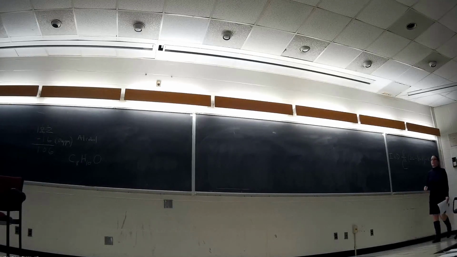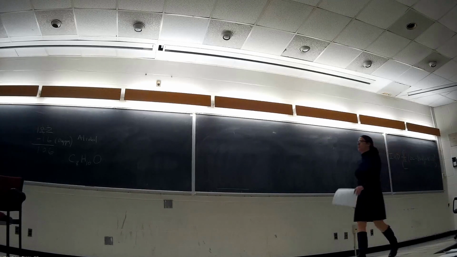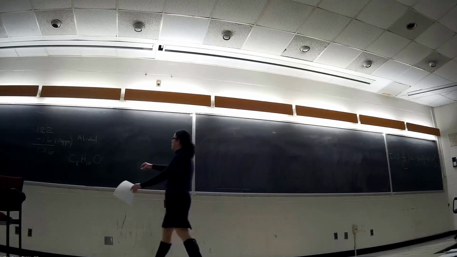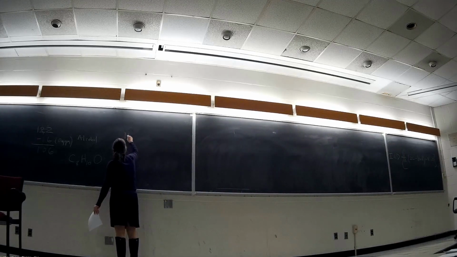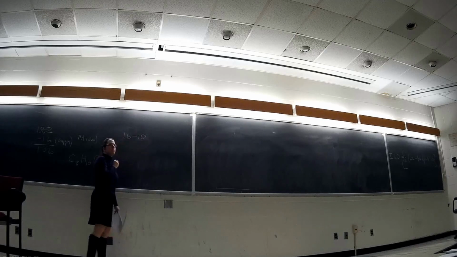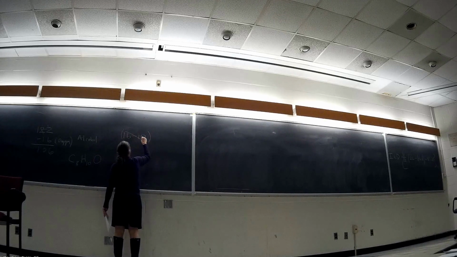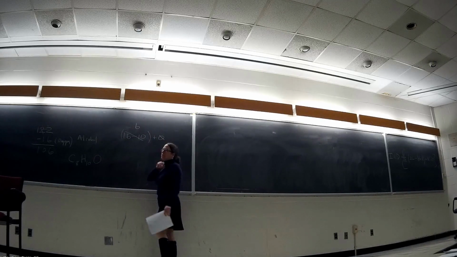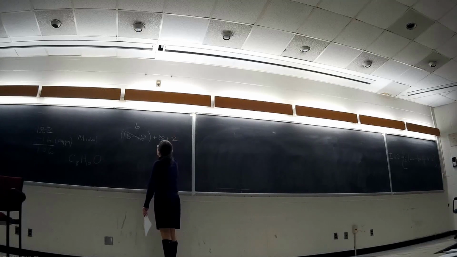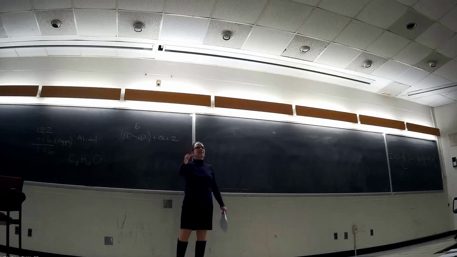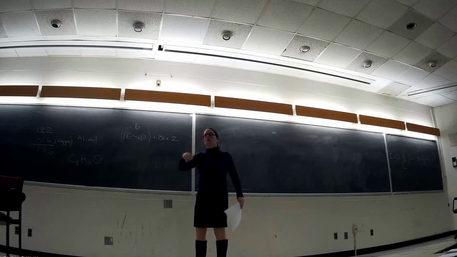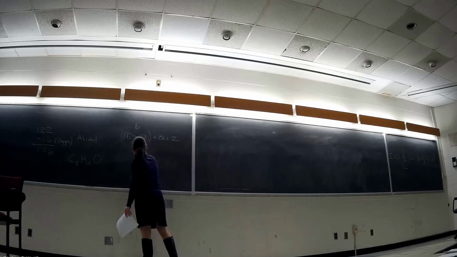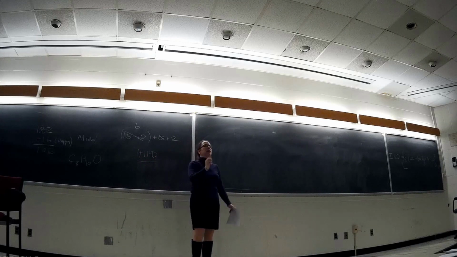So if we do the IHD, I have 2 times the number of carbons, which is 16, minus the number of hydrogens plus halogens, that's 10. So 16 minus 10 is 6, plus the number of nitrogens, that's 0, plus 2, there you go, I have 8. Half of 8 is 4. 4 IHD has very specific meaning to me.